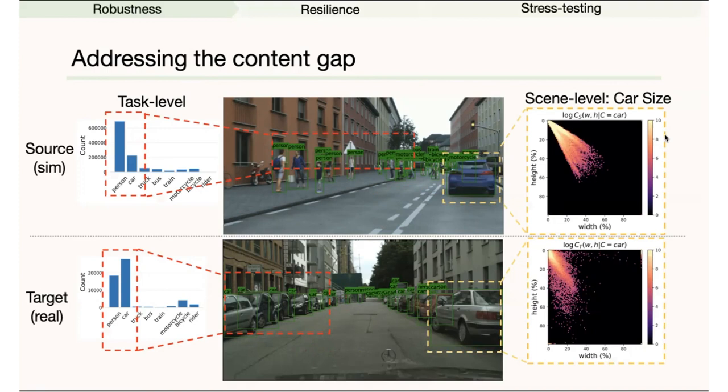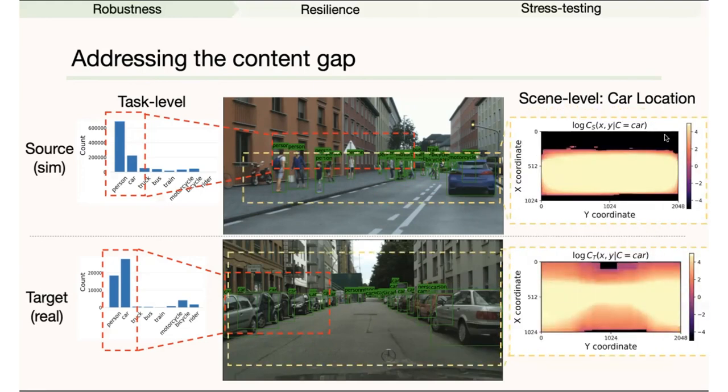So that's height as a percentage of the whole image, and width, right? Naturally, in the simulated data set, you have this clean distribution that only spans a particular range, but in the real data set, you have a more diffuse, more diverse distribution. So you have a lot of cars that are taller than they are wide for some reason.